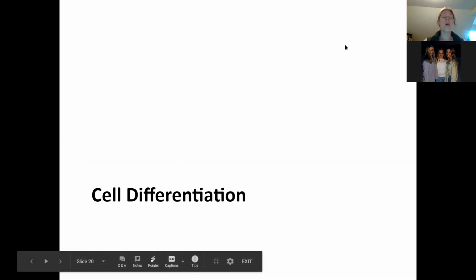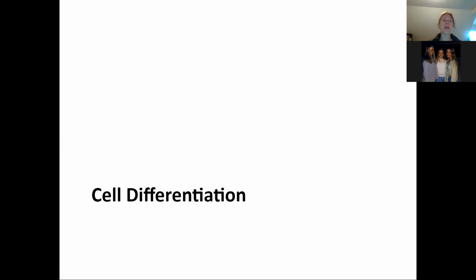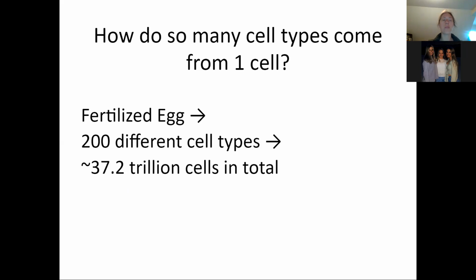Okay. Now, the other part of this focus area is not just cells dividing, but cells becoming specialized or differentiating. So we're going to kind of go into how that works a little bit too. If you think about this, we all started as one single cell, a fertilized egg.